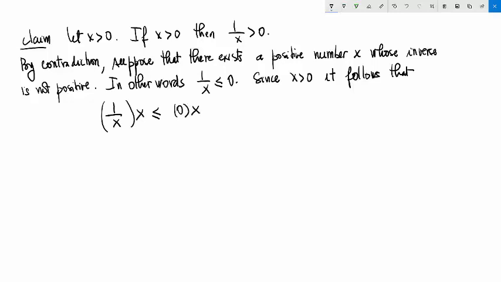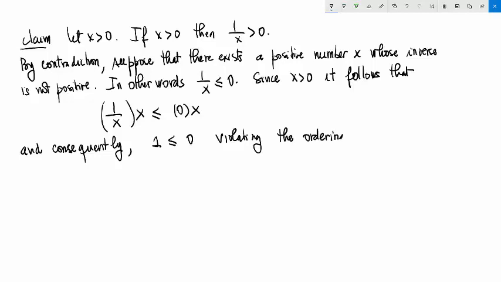Because when you multiply an inequality by a positive number, it will preserve the inequality, and consequently 1 must be less than or equal to 0, violating the ordering structure of the real numbers. Okay, all right. So this is the proof.